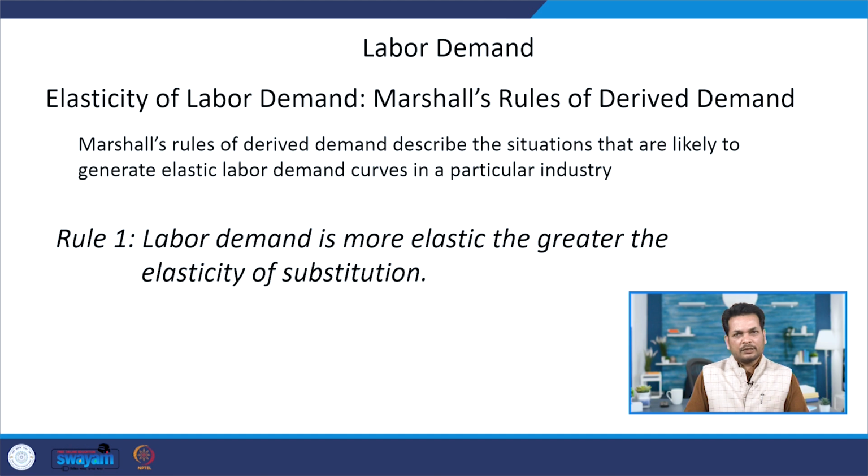So, the first rule of Marshall's rule of derived demand is that labor demand is more elastic the greater the elasticity of substitution. So, the higher the elasticity of substitution, the more elastic the labor demand will be. This rule follows from the fact that the size of the substitution effect depends on the curvature of the isoquant, the slope of the isoquant.